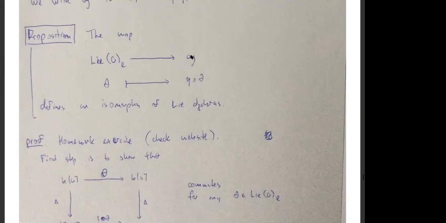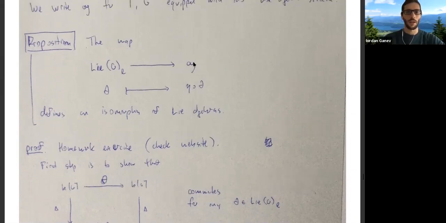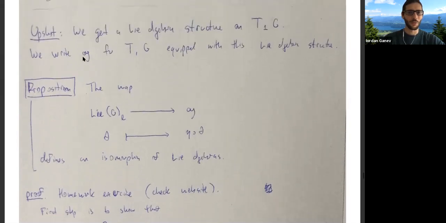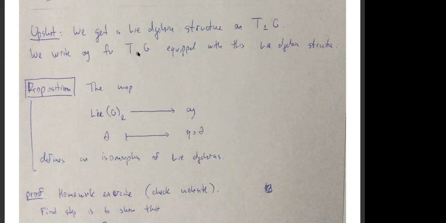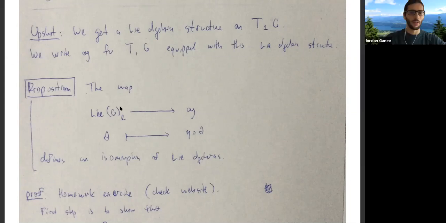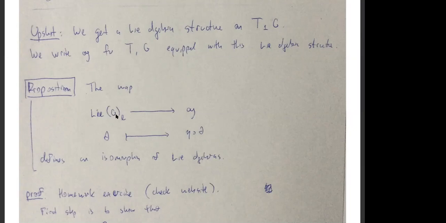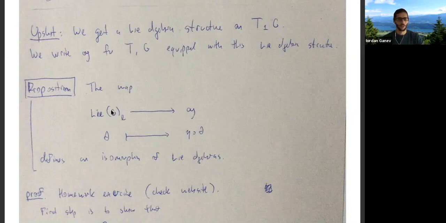Oh, this is mathfrak G. We're going to write mathfrak G for the tangent space at the identity, equipped with the Lie algebra structure that I just described. Does that make sense? And what is written on the left-hand side? These are the left invariant vector fields on G. Okay, thank you.